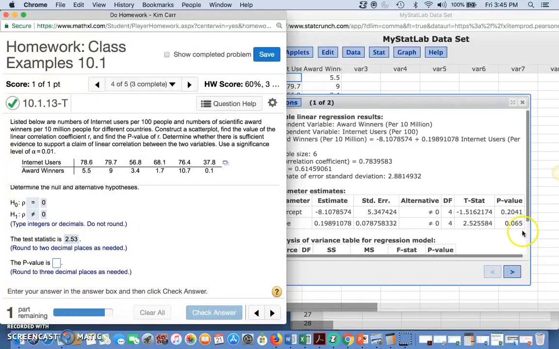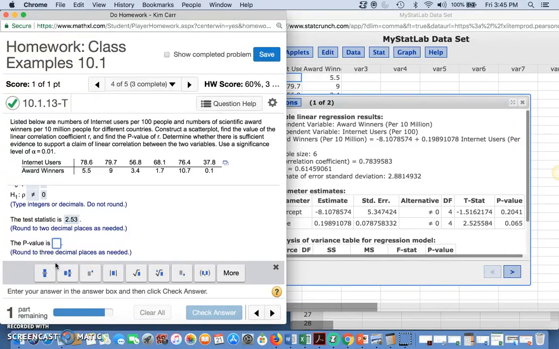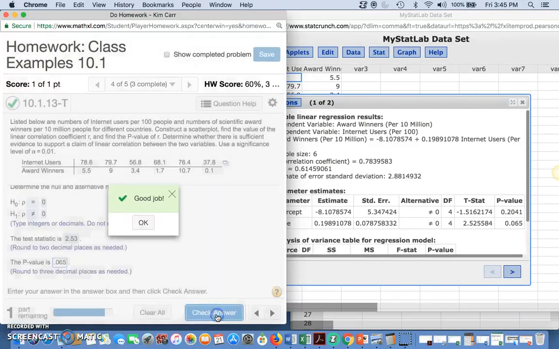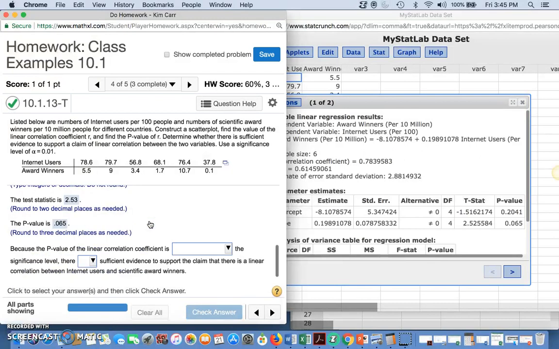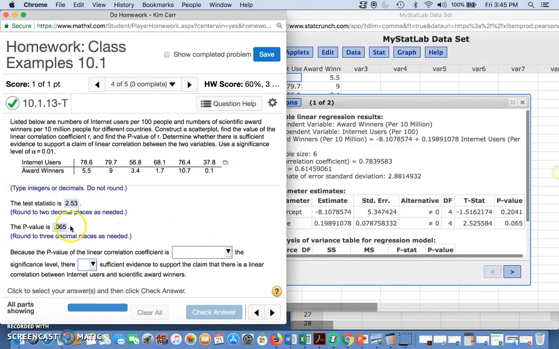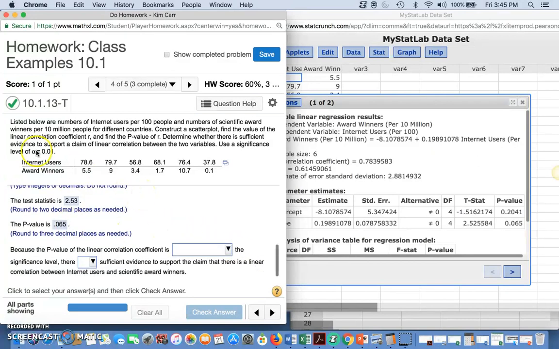Okay, and then we get the p-value over here. It's the lower one too. We're dealing with the slope, 0.065. So it gave it to us to the exact number of places that we wanted. Because the p-value of the linear correlation is compared to the significance level.